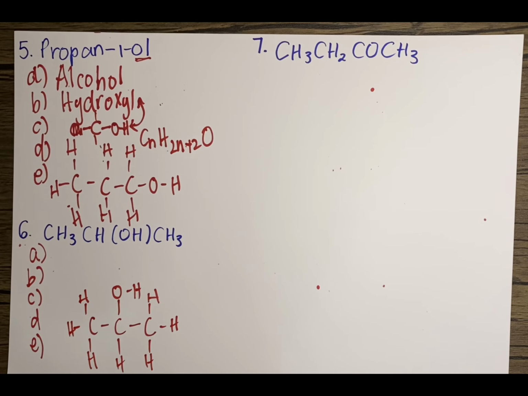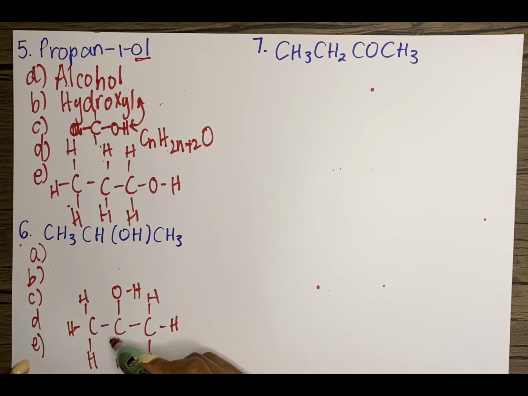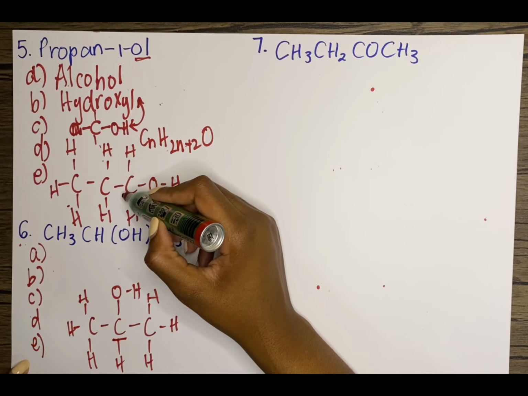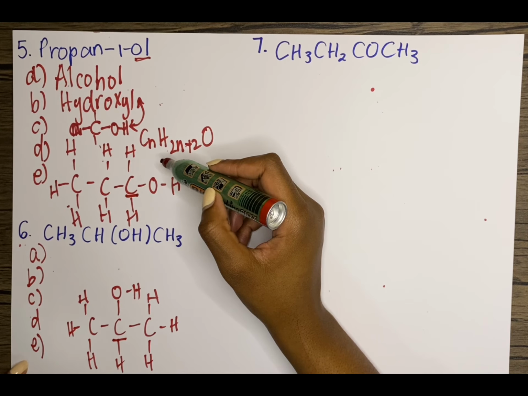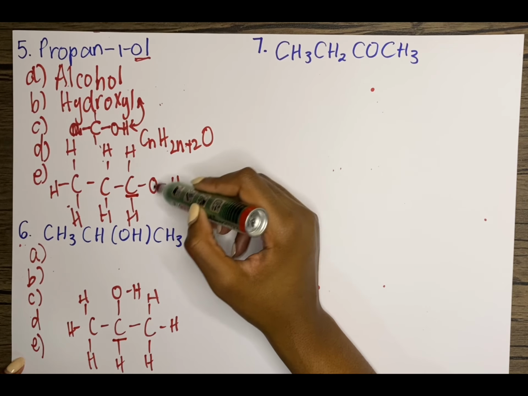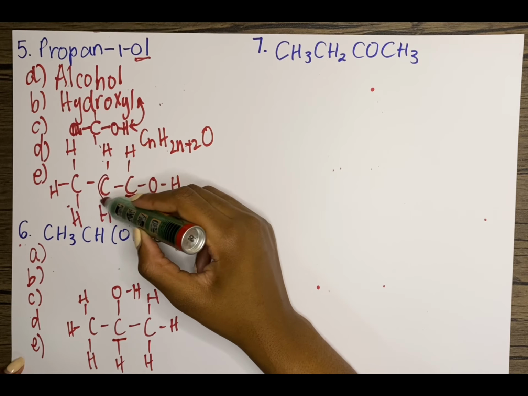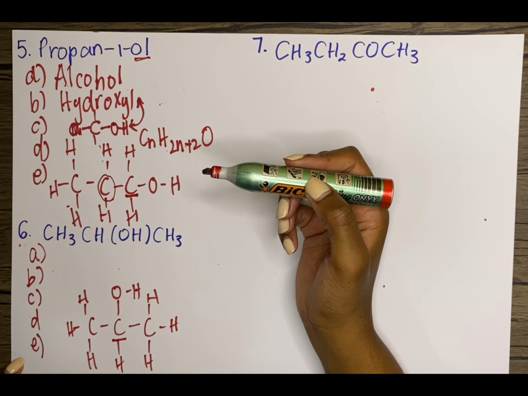Now the question would be, which one between number 5 and number 6 is a primary alcohol and which one is a secondary alcohol? So let's start with number 5. The carbon that is bonded to the OH is bonded to one other carbon atom, right?